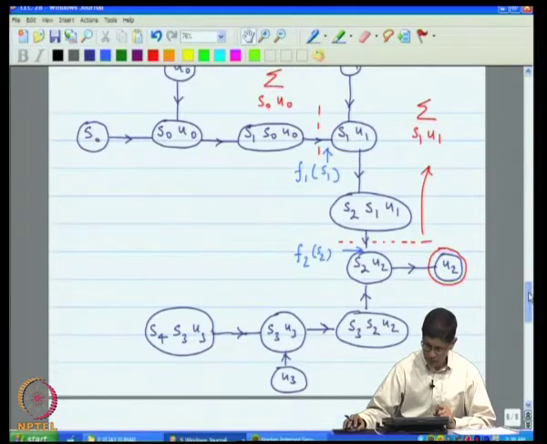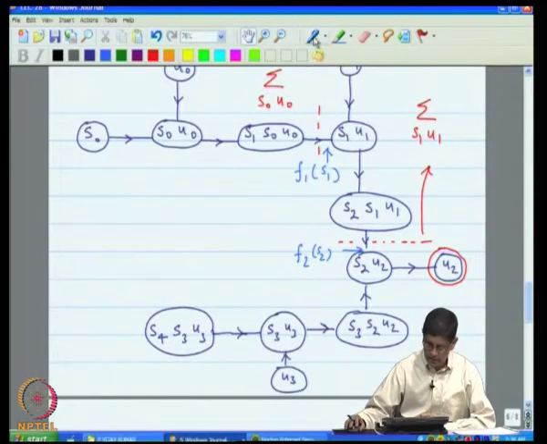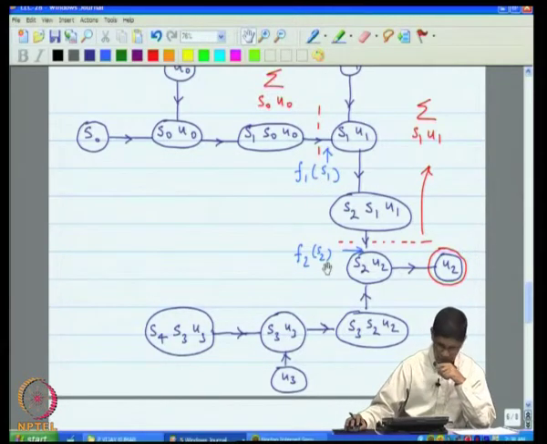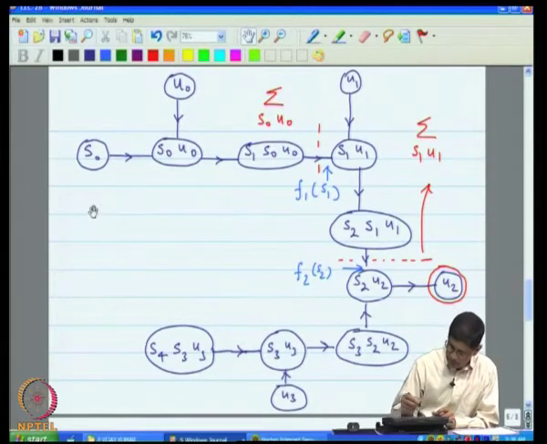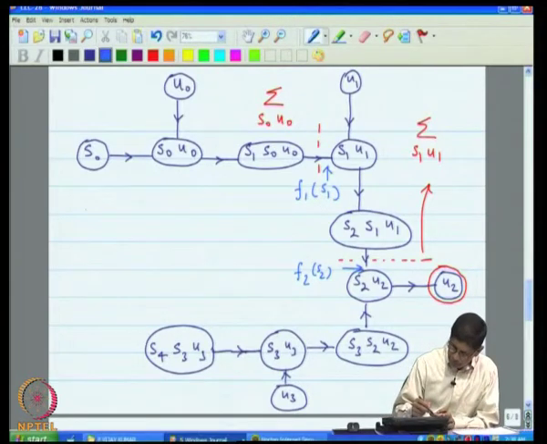All right, so here we have this. Now just to give you some insight, let us look at what happens in between the computation of F1 S1 and F2 S2. Maybe just so that things are clear, I will write down the expression for F1 S1 right here.